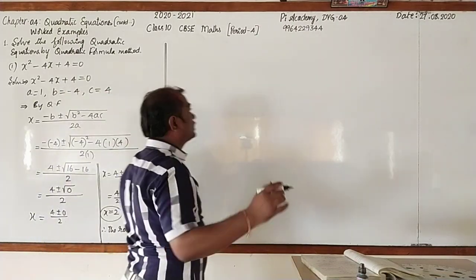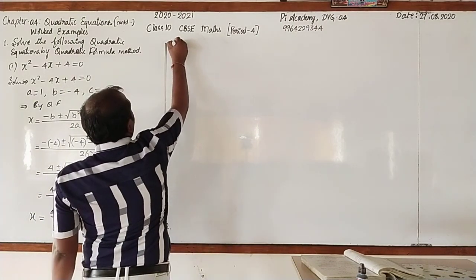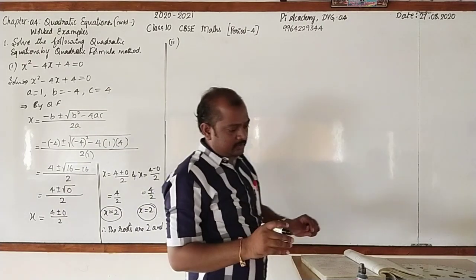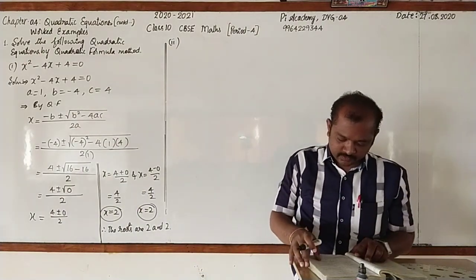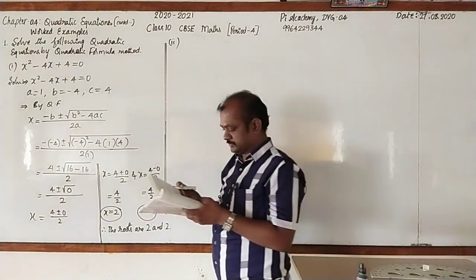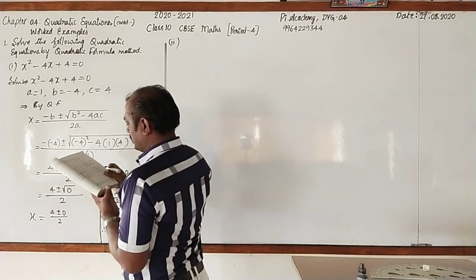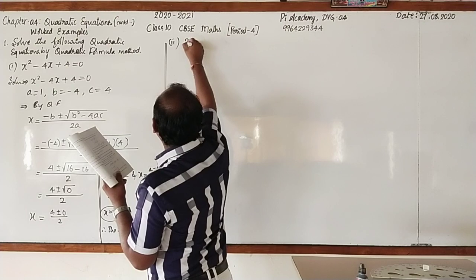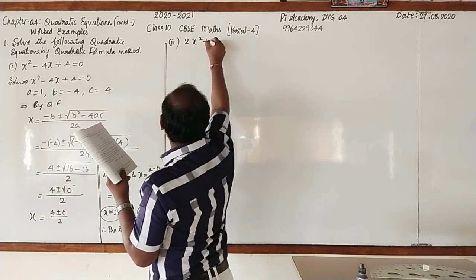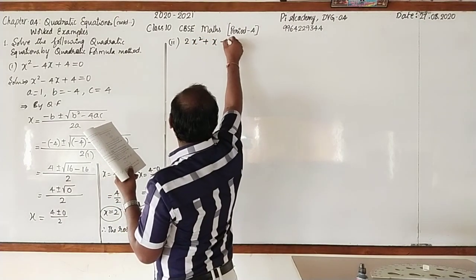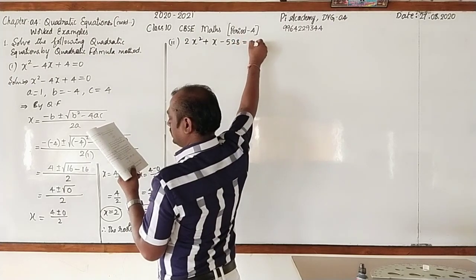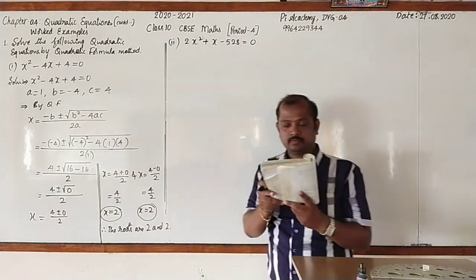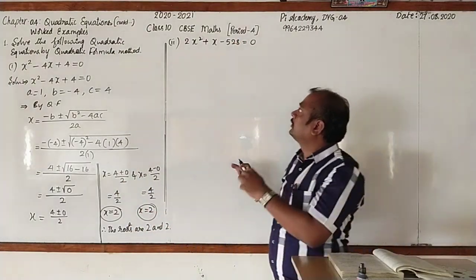Let me write second one. Second one, again I'll take from the text. It is like this. It is 2x square plus x minus 528 equal to 0. Observe.